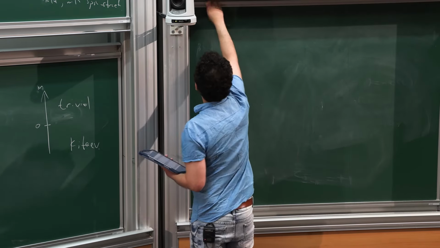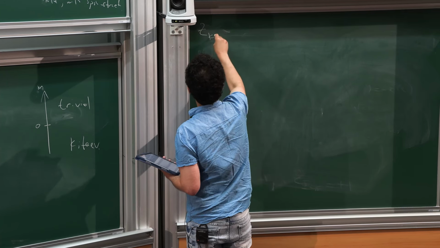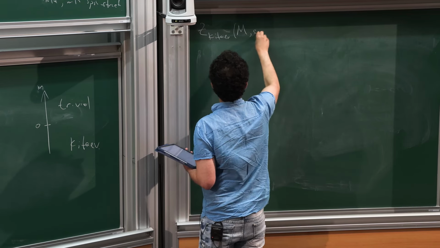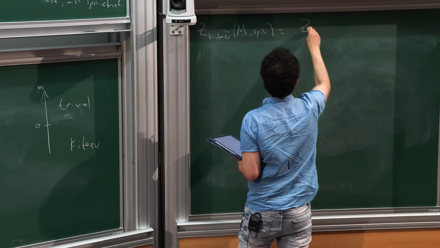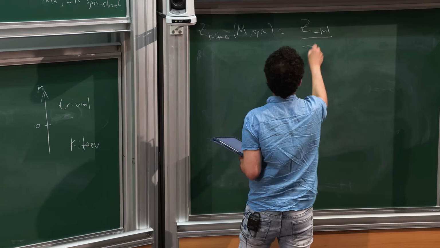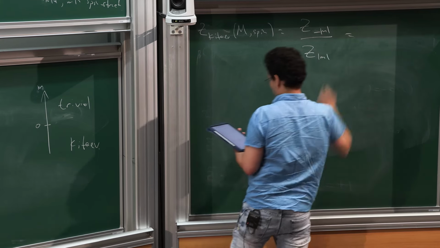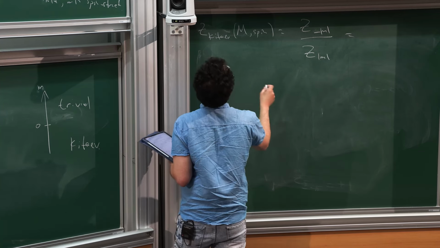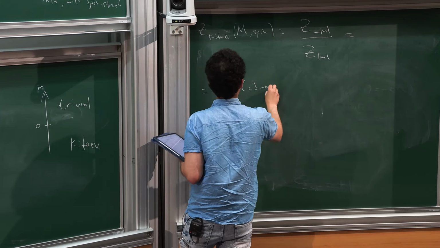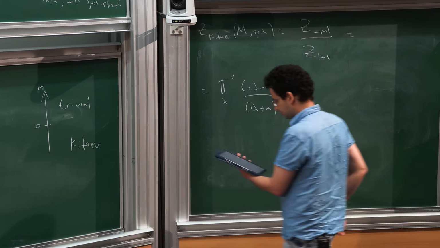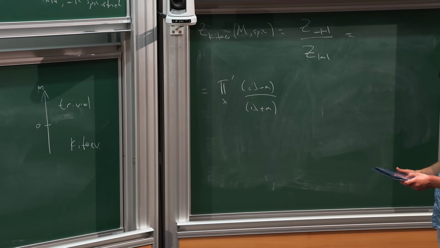So we'll call Z Kitaev of the spin manifold the ratio of minus m to m, which will be a product like this.